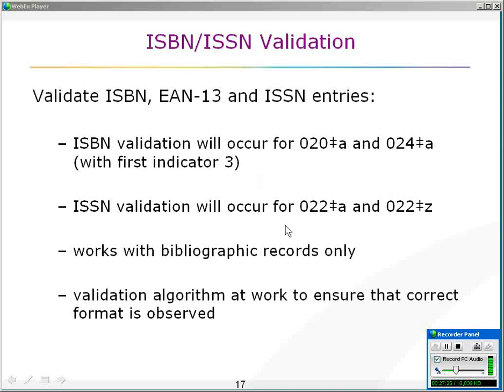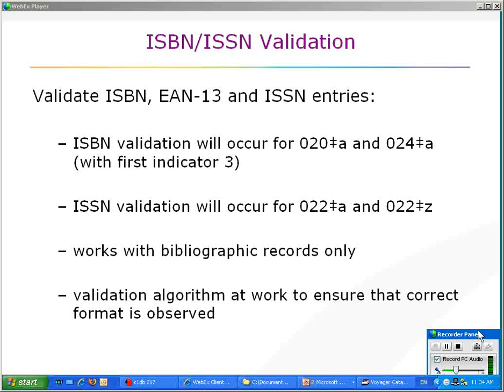The ISSN validation occurring for the 022 subfield A and 022 subfield Z. With Voyager 7 working in bibliographic records only, and there is a validation algorithm at work to ensure that the correct format is observed. Does someone have a question?